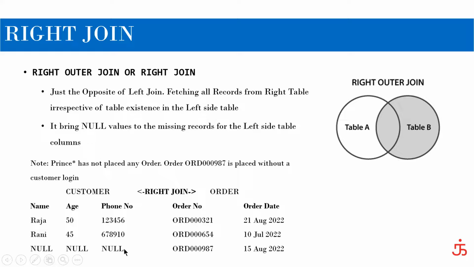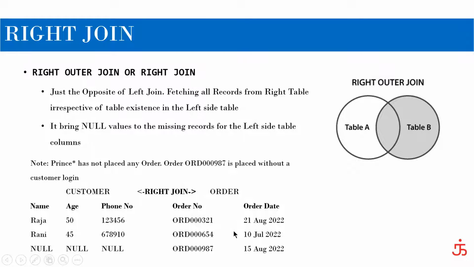So in a real life scenario, sometimes some restaurants do not store one-time customers as a customer. They will just deliver the order like for a guest, without creating a customer record. So for those records, we will not have any customer entry in the customer table. For those scenarios, it will show all the orders.